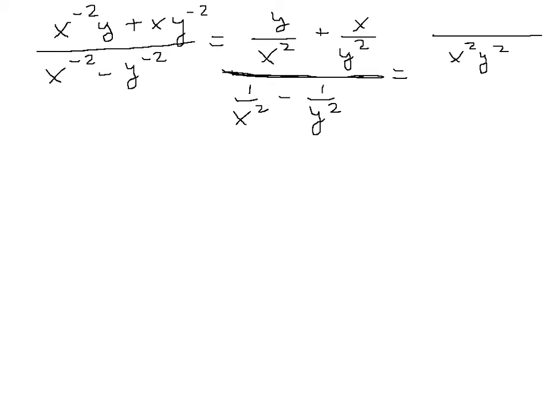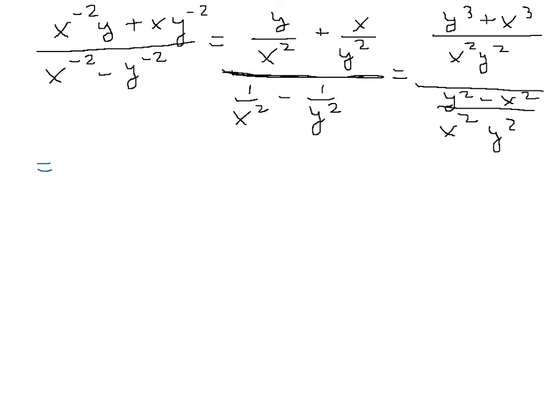And so if I do that, what I'm going to get is y cubed plus x cubed all over. Okay? And down here, the common denominator is going to be x squared times y squared. And this one gets multiplied by y squared, and the other one gets multiplied by x squared. So make sure you follow all those steps before we go on.